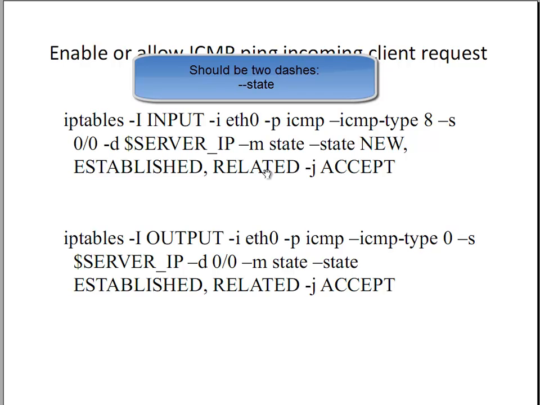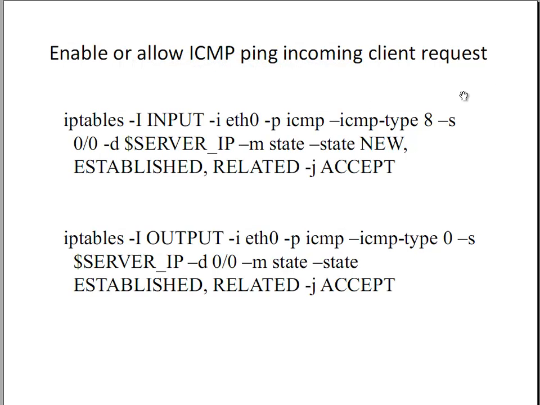new, established, and related. Recall that we talked about a stateful packet filtering firewall. What we're doing here by adding the -m state and the --state, new, established, or related, says that this is valid for all new connections or whether they're established and related.